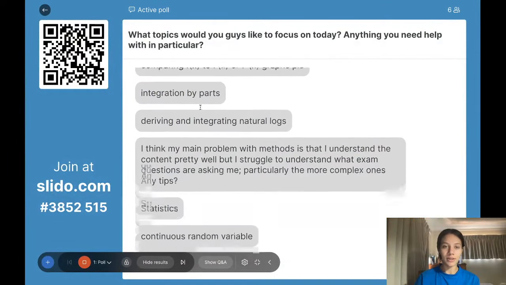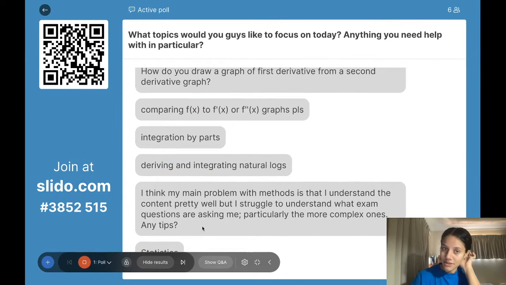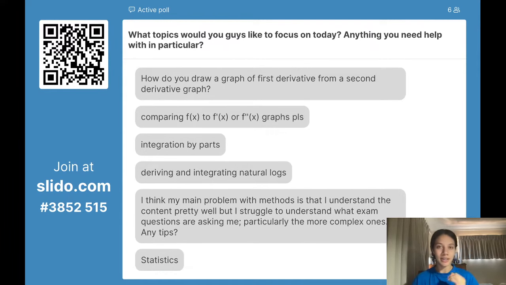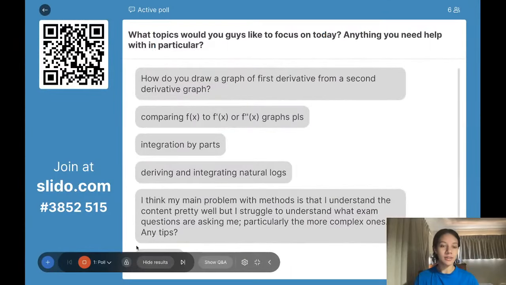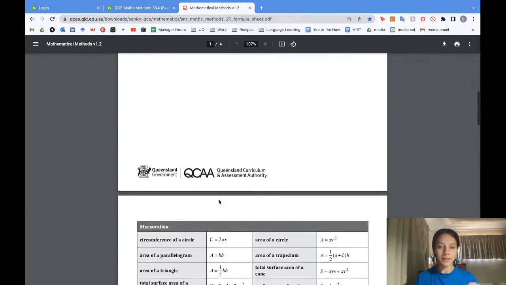So that one covered integration by parts, deriving and integrating natural logs. Optimization: with optimization, I'd especially recommend having a look at a lot of practice questions, and almost always they will involve using a combination of formulas, especially from here.